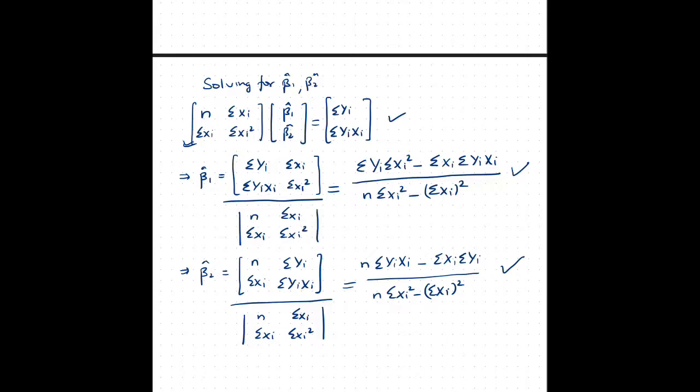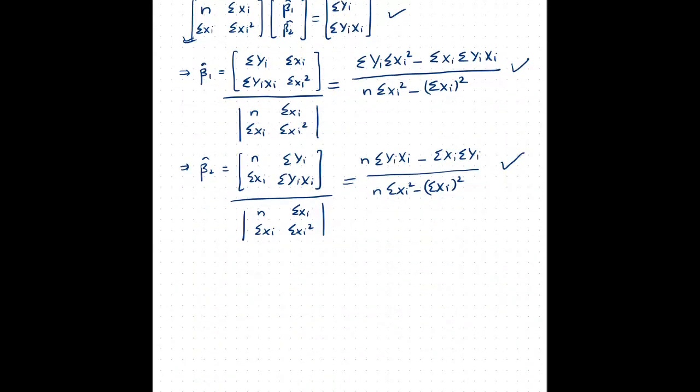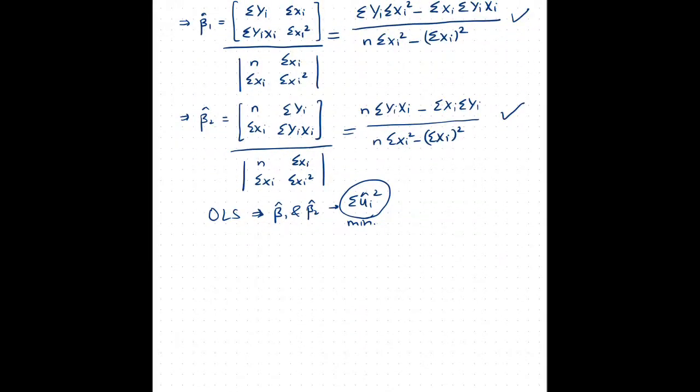So here we have seen that using the OLS method, we have found values of beta 1 hat and beta 2 hat such that this minimizes summation ui hat square. Now we'll write the values of beta 1 hat and beta 2 hat in deviation form.